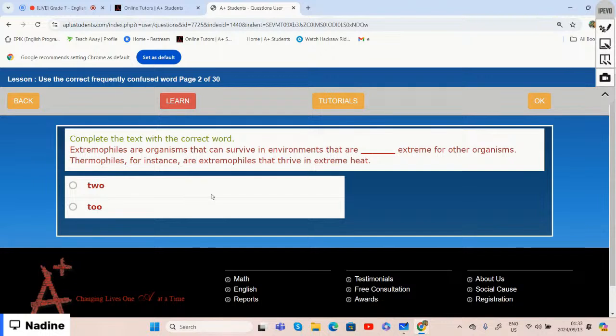All right, and we can say that they can survive in environments that are too extreme for other organisms. Not number one, number two.